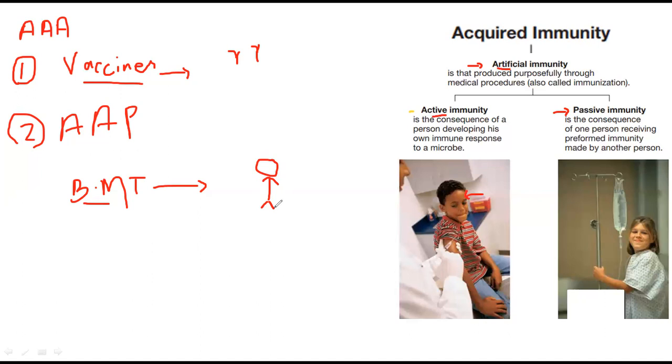If he is exposed to Clostridium botulinum, he will make antibodies and antitoxins against it, but it will take time. So research shows that horses are the best species to manufacture antitoxins of botulinum.